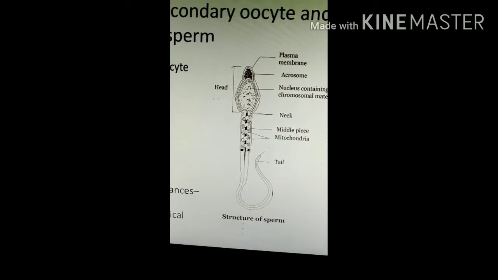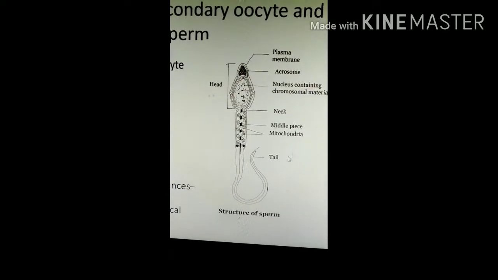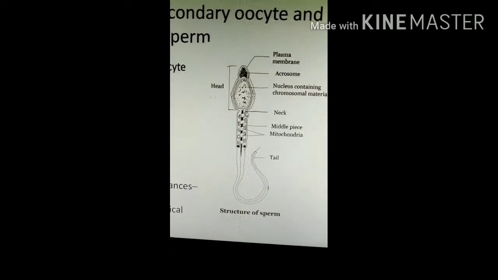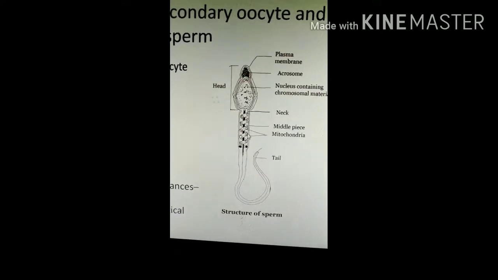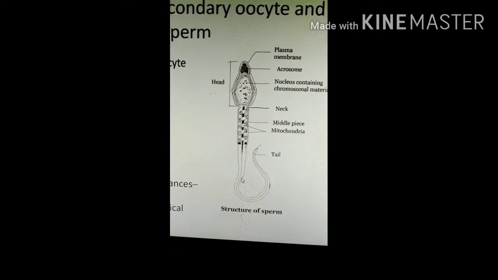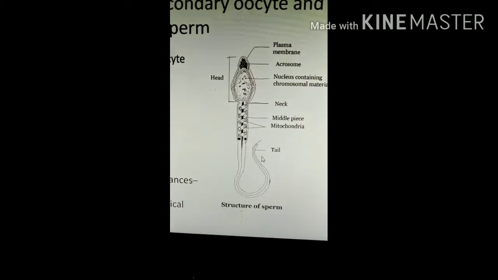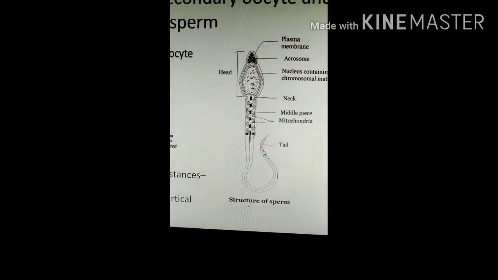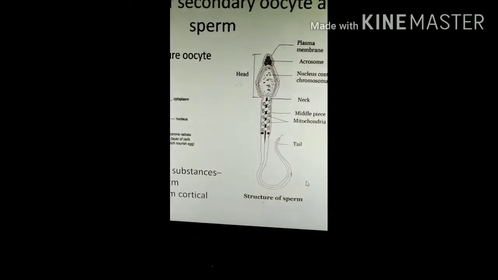These enzymes act during the acrosomal reaction. And this is the neck, which contains the centriole. After that, the middle piece contains mitochondria, and this cytoplasmic process is known as the tail or flagellum. This gives the motility of the sperm.